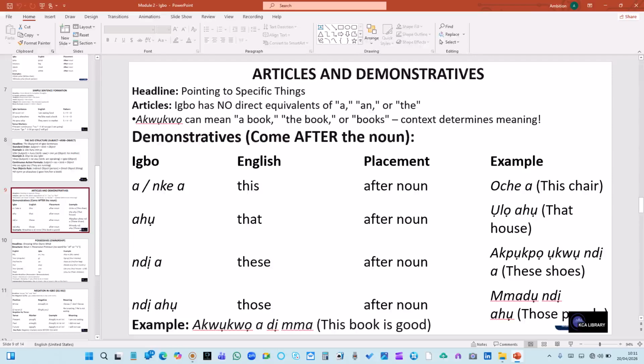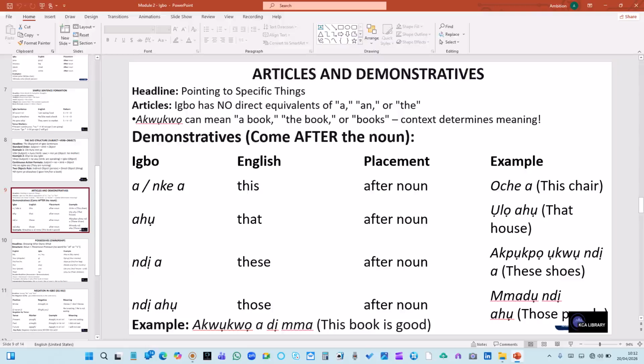Let us look at demonstratives in the Igbo language. They come after the noun, like a or nka, which means this. For example, after the noun, like oche a, this chair. Now, ahụ means that, and it comes after the noun.